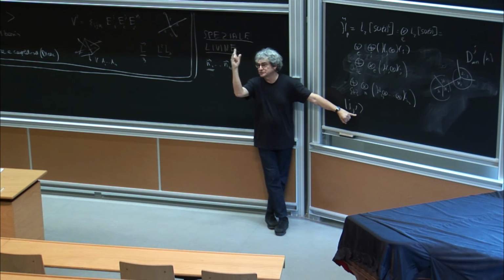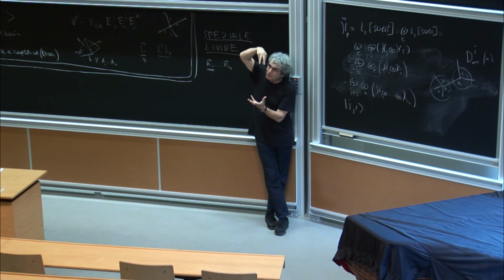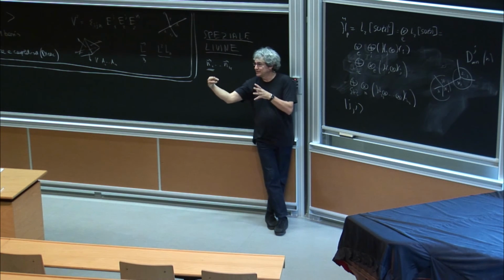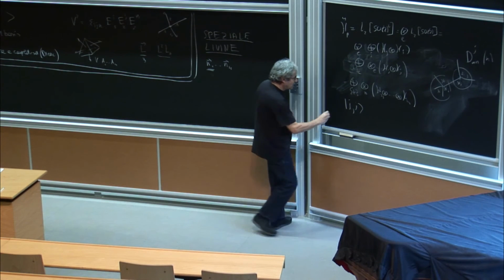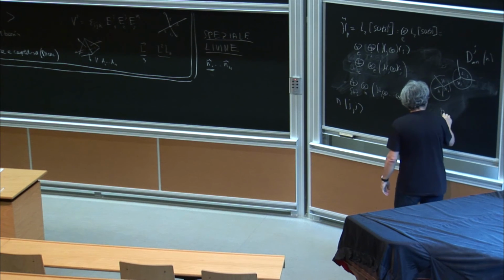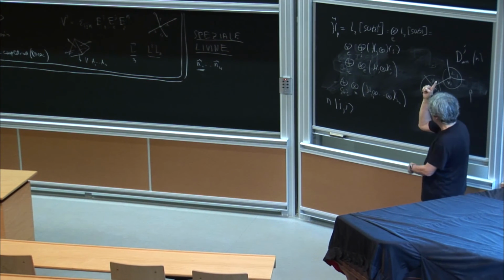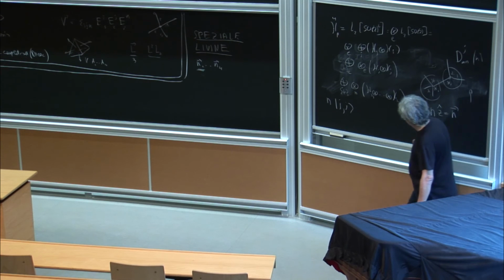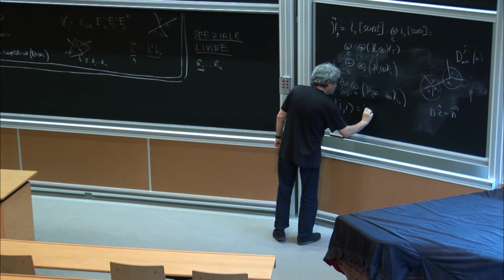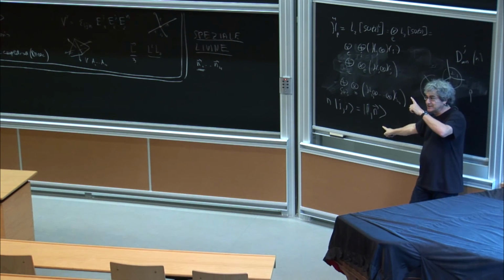So if I take this and I rotate arbitrarily, I get a blob on the sphere here. If I rotate, I get a blob on the sphere here. So I can take this, and rotate it with a group element n that rotates the z vector into n. The z vector is in the z direction. And I get something which I call |j,n>, which is a state in the n direction.